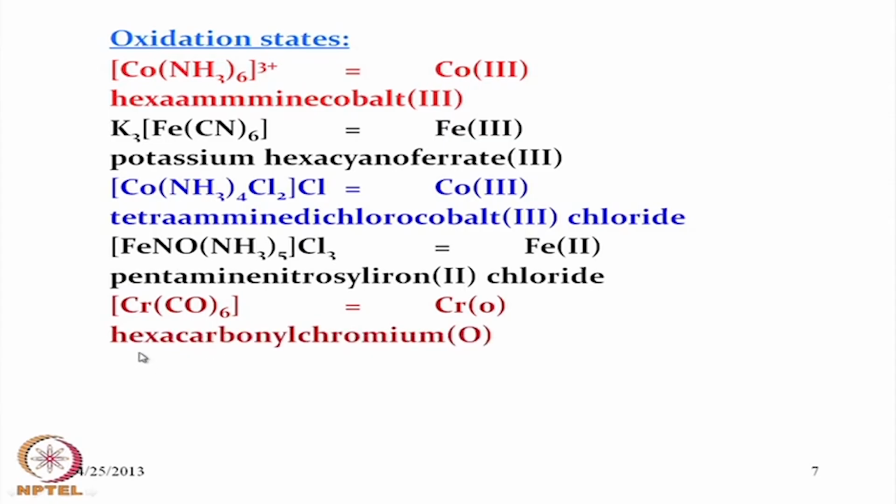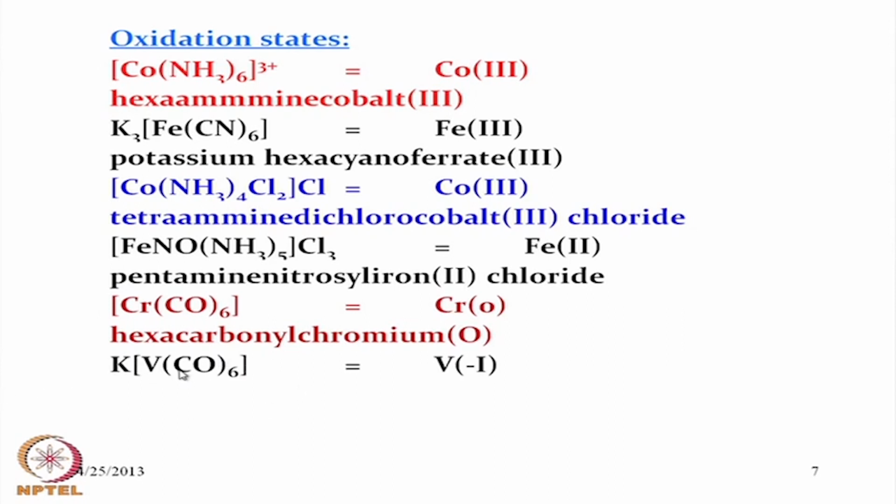So, the name of this compound, through the assignment of chromium oxidation state as 0, would be hexacarbonyl chromium 0. It is also a very good starting material for different types of organometallic chromium compounds where chromium 0 oxidation state is utilized.